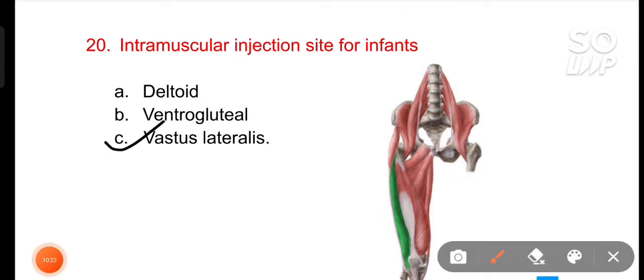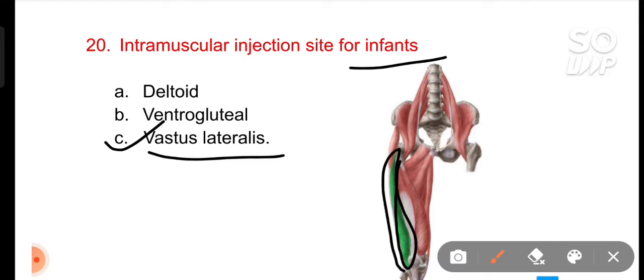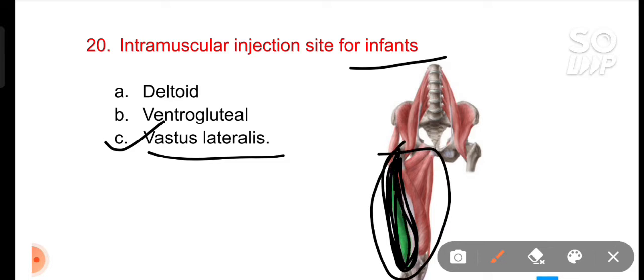Option C is the right answer. Vastus lateralis is the best choice for giving IM injection in the case of infants. Okay, so here we have the vastus lateralis muscle on the thigh. So here we have the thigh. On the lateral side, we have the vastus lateralis muscle.